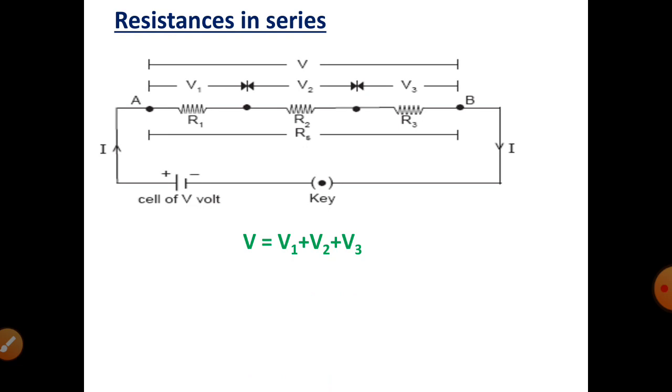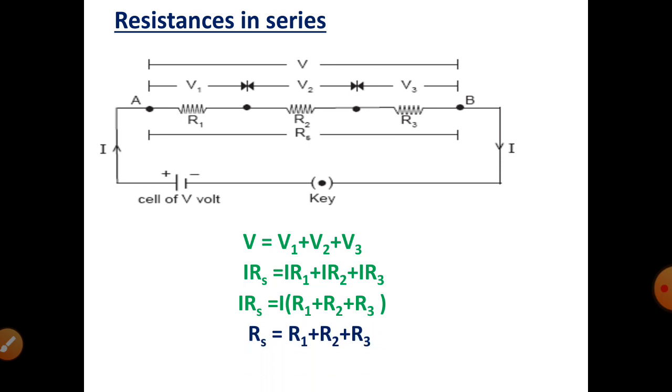So using Ohm's law, we write the expressions for each potential, and substituting these values, we get this expression. Now taking I common on the right hand side, I on both the sides gets cancelled. We get an expression for the effective resistance Rs is equal to R1 plus R2 plus R3. Now we can write a general expression for the effective resistance Rs for n resistances connected in series.